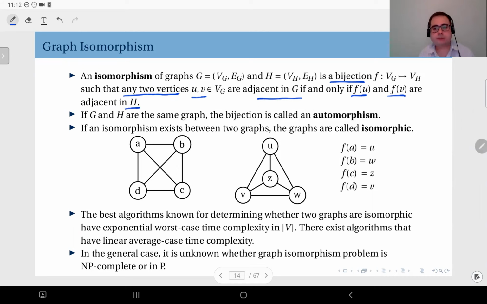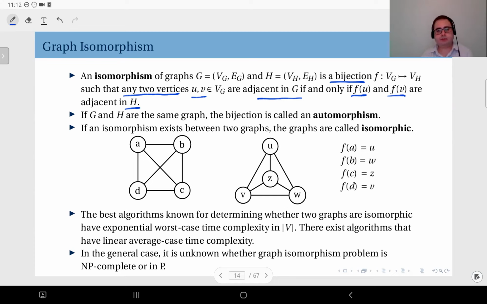Okay, so this definition is a mathematical definition, but it might be a little bit confusing. In essence, what we say here is you have two graphs, and isomorphism means a function where you map each vertex of the first graph to another vertex in the second graph so that the structure of the graph is exactly the same.